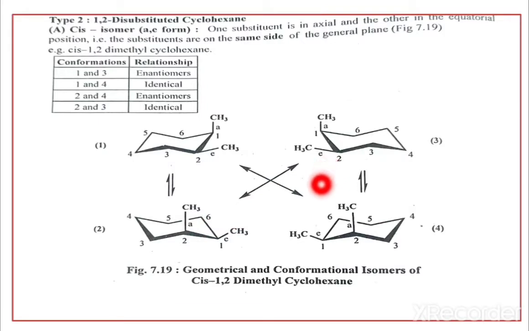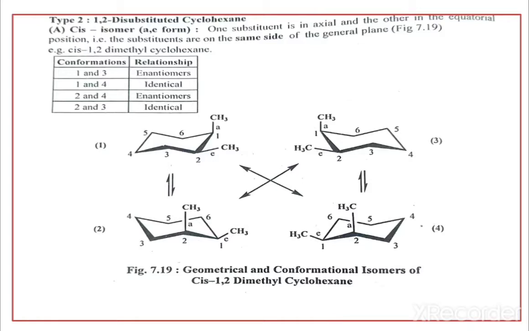The remaining 2 and 3 are identical. Okay, this is about a simple 1,2-disubstituted cyclohexane. Regarding optical isomerism, from this figure we see that cis-1,2-dimethylcyclohexane has no element of symmetry, and therefore is expected to be optically active.